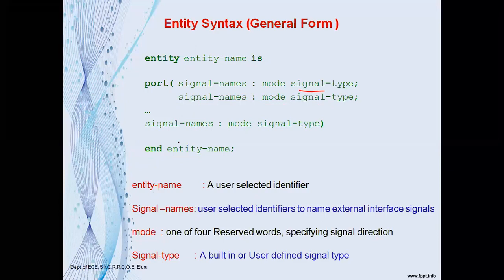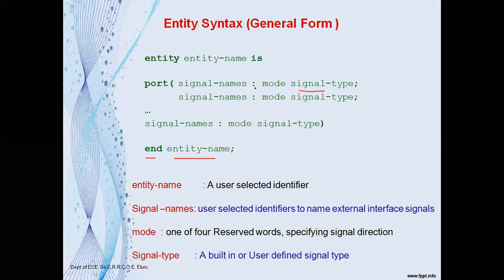Finally it ends with end and the entity name. The entity name is user selected or user identified, so we can give our own entity name. Similarly, the signals can also have the user's own names.